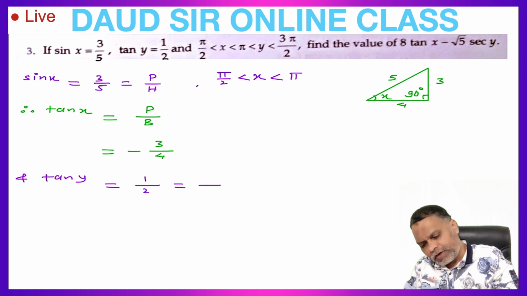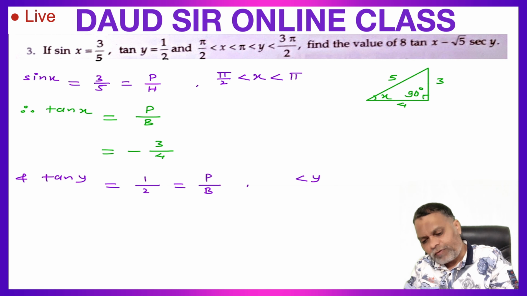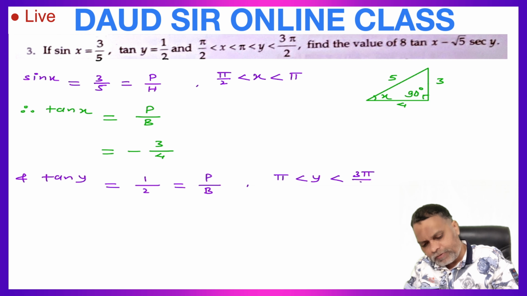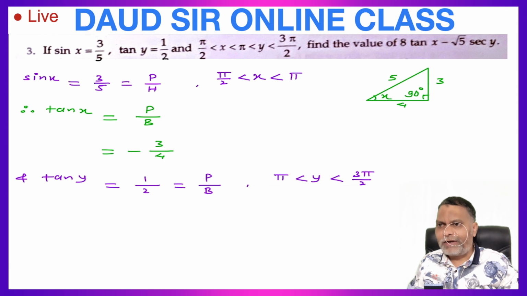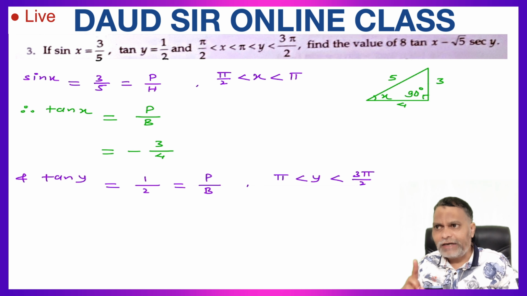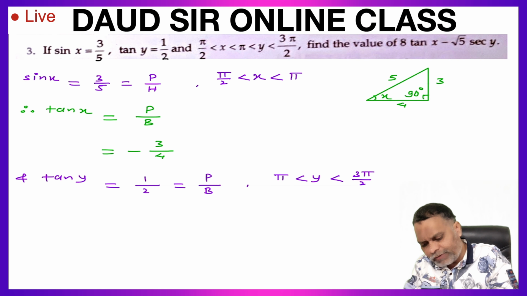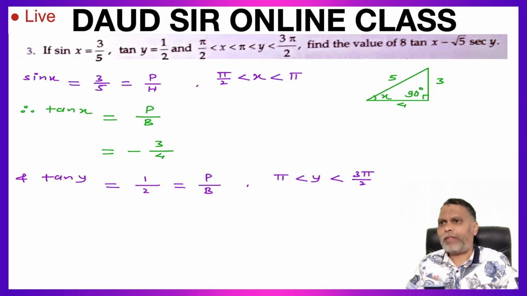Tan y is perpendicular upon base and the value of y is given, y is greater than pi and less than 3 pi by 2, meaning y lies in the third quadrant, greater than 180 and less than 3 pi by 2, which is 270. In the third quadrant, tan is positive, that is why the value of tan y is given positive.